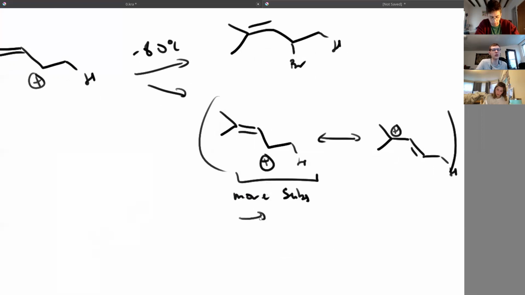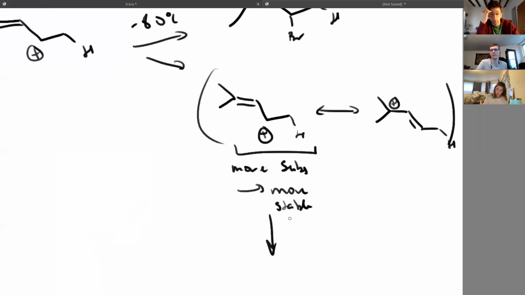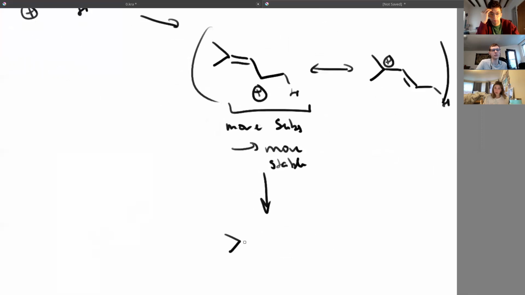More substituted. So I guess what's the priority then? Having a more substituted double bond is more important than having a more stable carbocation in this case. Yes. Okay.